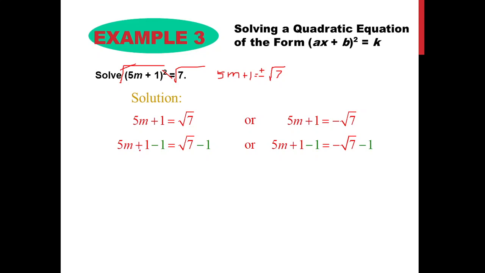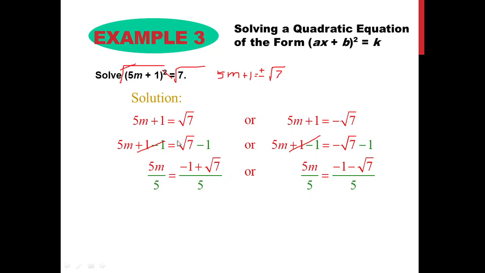So that positive 1 minus 1 is 0. Same goes here, leaving us with 5m. You can just transfer that one here. So you have negative 1.